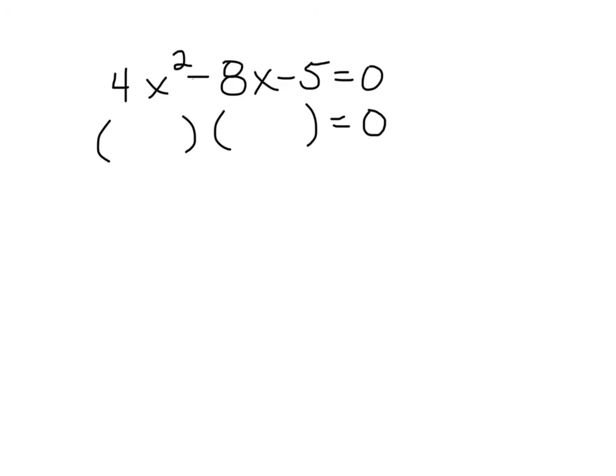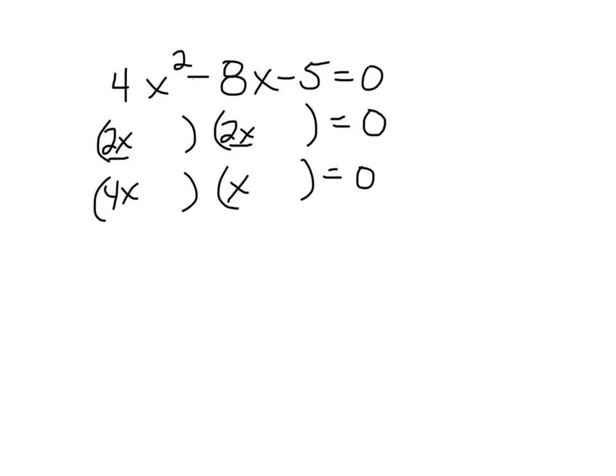I'm going to set up my parentheses, and then I need to determine what times what would give me 4x squared. The difficulty when I have something other than 1 in front of the x squared is that this could be a 2x times a 2x, or this could be a 4x and an x, which then increases the possibilities of all sorts of different answers.